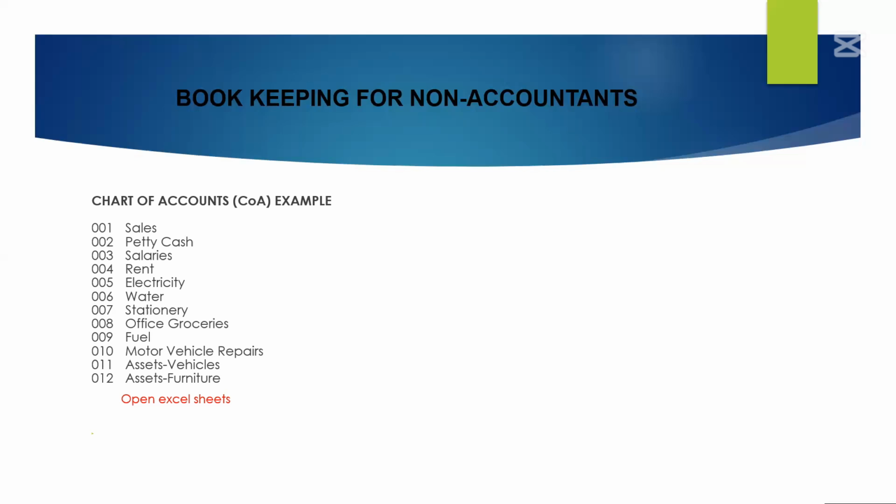007 will be used to record all stationery, your pens, your pencils, your paper. Office groceries such as juices, coffees, cookies, and drinking water will be recorded in 008. Motor vehicle fuel and generator fuel, any form of fuel, and it is called gas in some countries, will be recorded in 009.